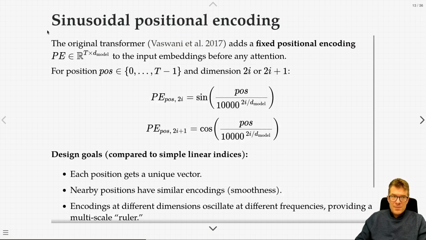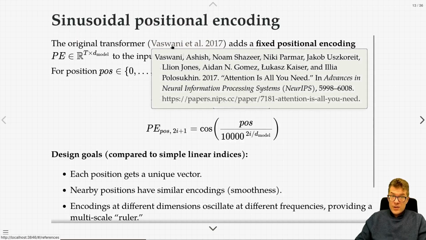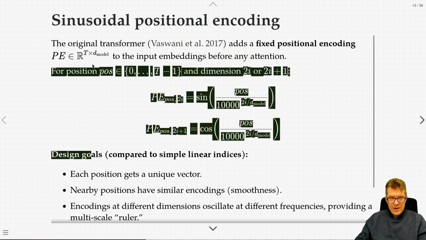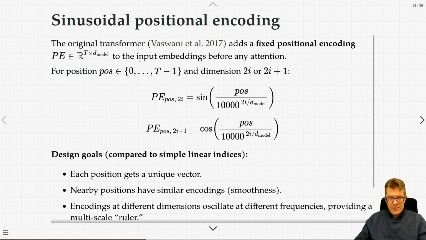This is maybe somewhat of a microscope thing, but I'm leaving it in just to make sure you get things at a high level. I'm not going to ask you to memorize these equations, but I want you to understand what's going on at a high level. The original transformer paper that we keep coming back to adds a fixed positional encoding, or PE, which is appended to the input embeddings before any attention mechanism is applied.